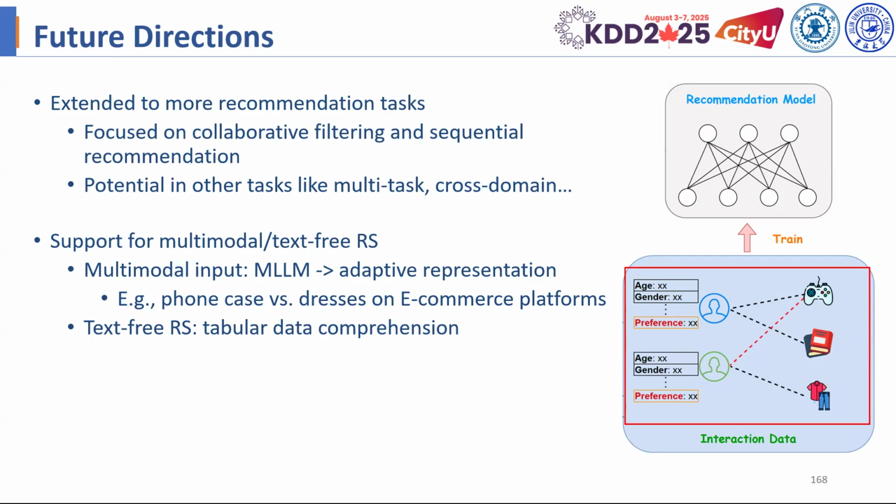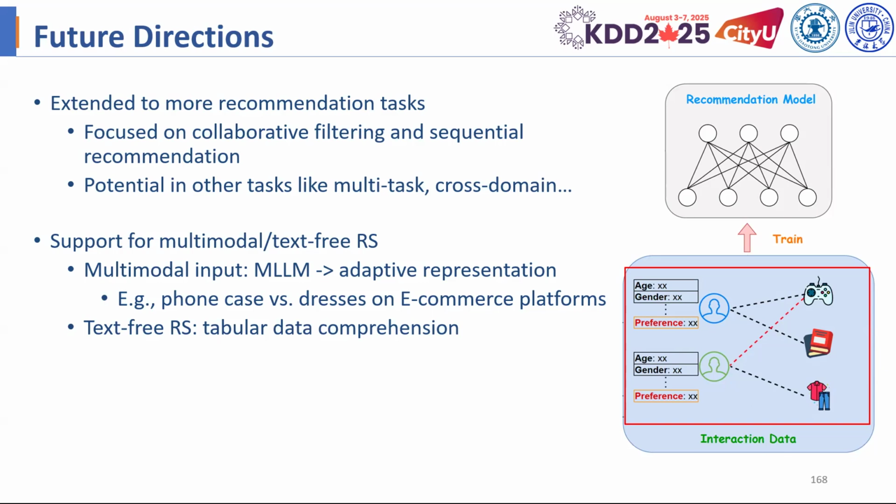In addition, current LLM-enhanced RS relies solely on textual input. How to extend the current frameworks to other input compositions, such as multimodal or text-free systems, might be challenging. For multimodal input, merely replacing LLMs with MLLMs might not be enough. For example, for e-commerce platforms, some products may rely on textual descriptions for fine-grained information, like suitable phone versions for phone cases.